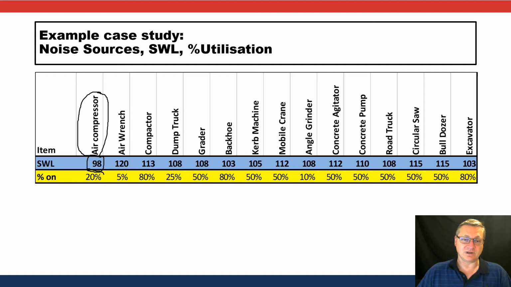And we also have an estimate of the percentage of time that that noise source is on, that it is making noise. So we have the percentage utilization of that piece of construction plant on that construction site. And this is the bare minimum information that you need in order to do this calculation method.